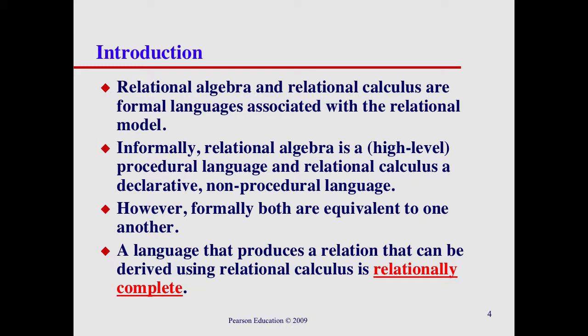So the relational algebra is relationally complete because every query that can be formed in the relational calculus can also be formed in the relational algebra. In other words, the relational calculus is reducible to the relational algebra.